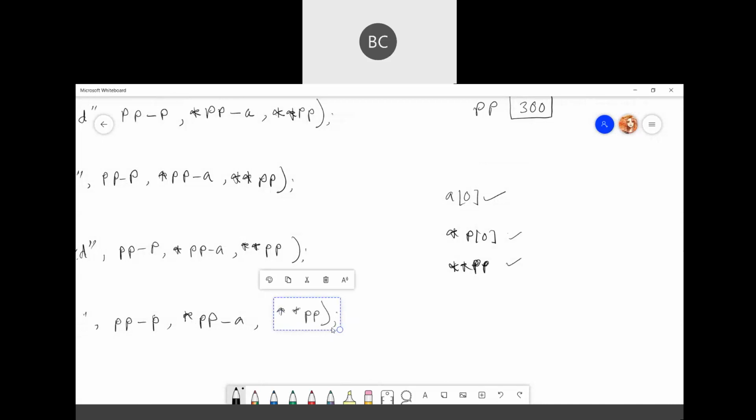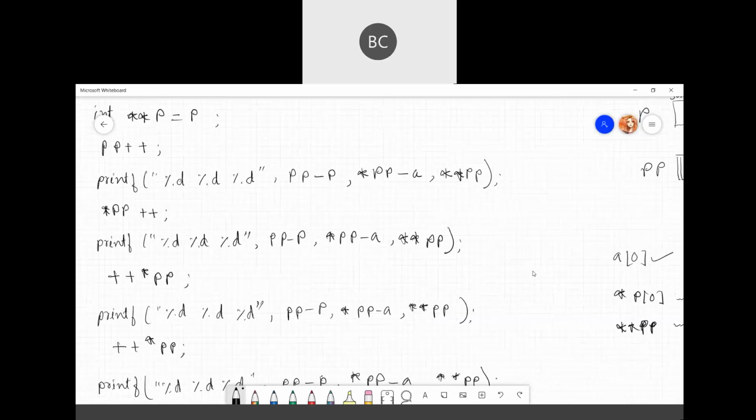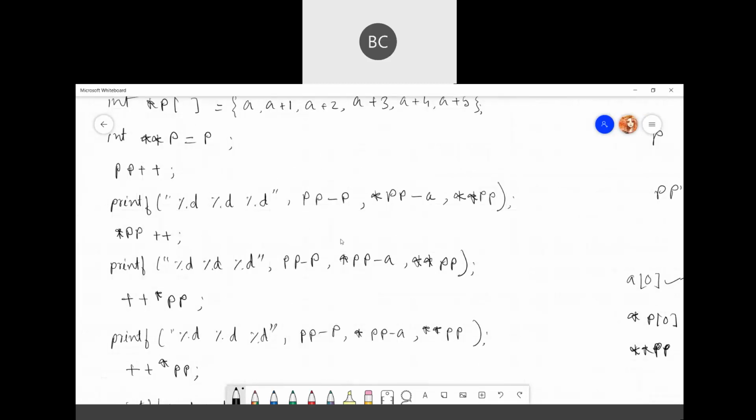Now come to the program again. Here we just assume that it will start from here and we want to calculate these values. Before printing these values, we incremented pp with pp plus plus.